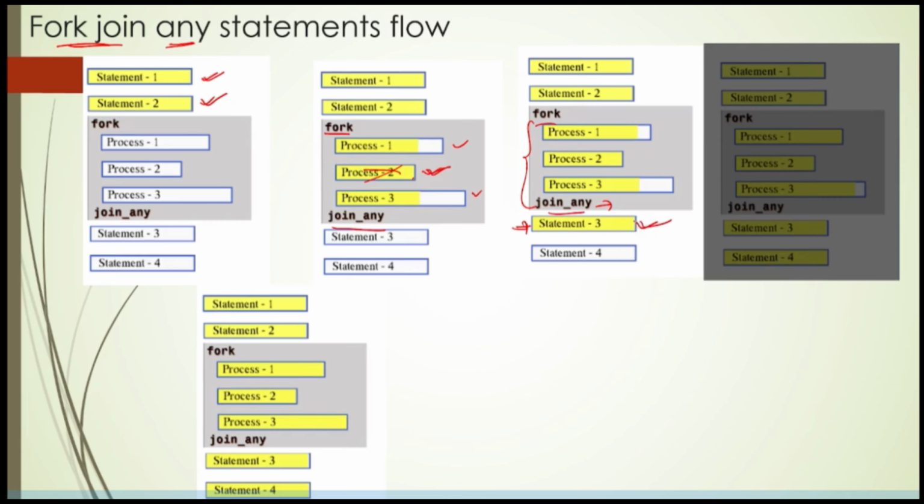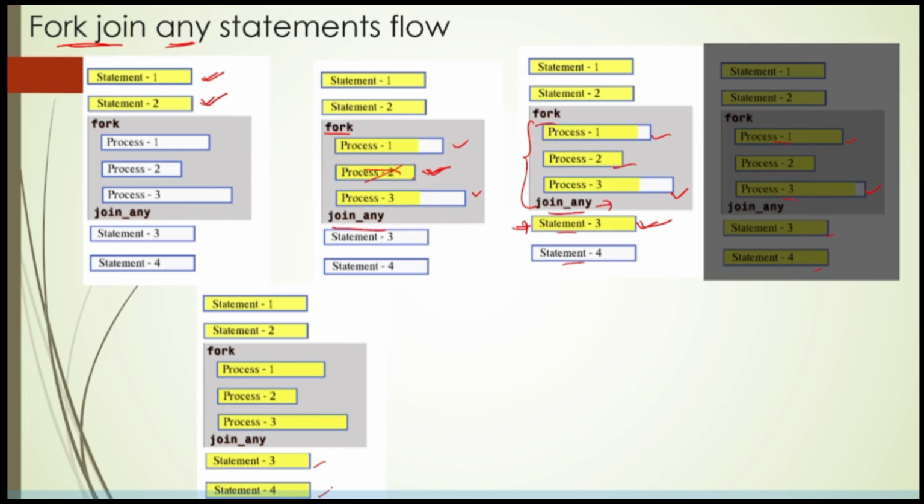Along with statement 3, the remaining processes will also be executed in parallel. But the main thing is that statement 3 and statement 4 don't wait until all the processes within the fork join are completed. If at least one process is completed, it will come out of the fork join any block. Got it?